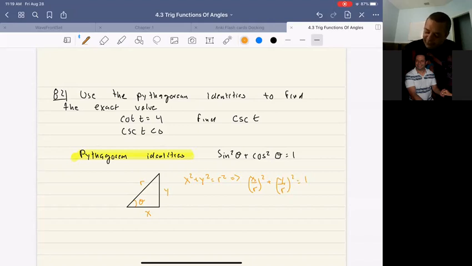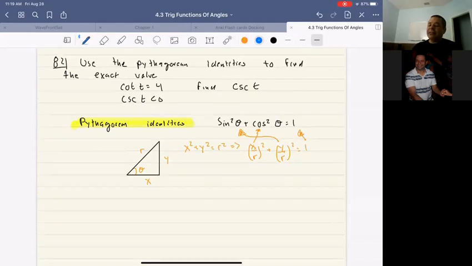Okay, and this, actually I have it backwards. So this is the cosine squared. That's the sine squared of theta. And you have your 1 here. Okay, so this is one of the most important identities in all of this course. I would argue maybe the most.